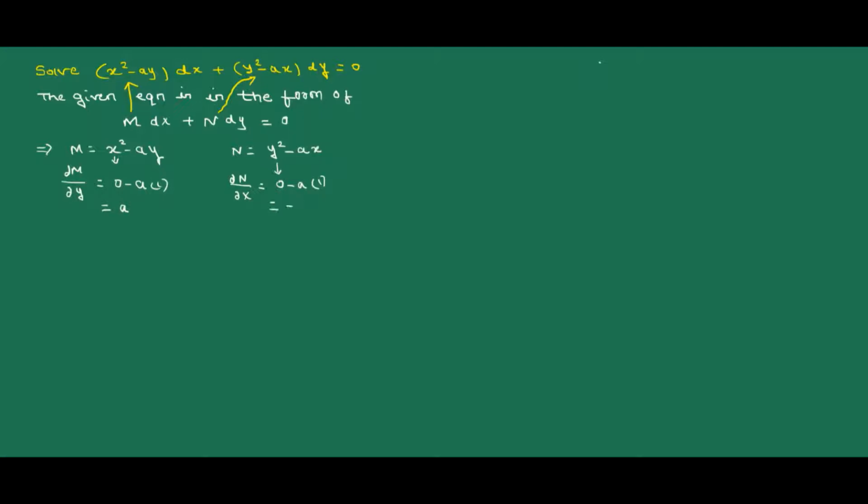So this is equal to minus a, and in the first case I have forgotten to write the minus sign. So please write down minus a. Here dou M divided by dou y is equal to dou N divided by dou x. Therefore, the given equation is exact.